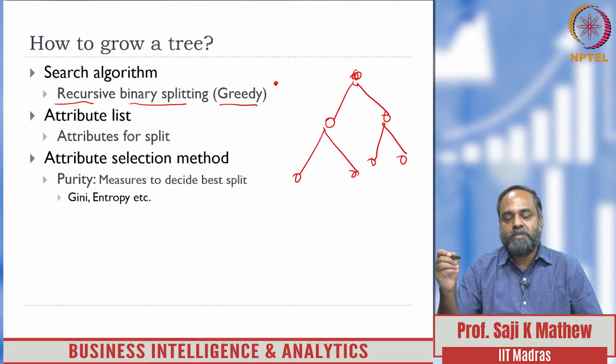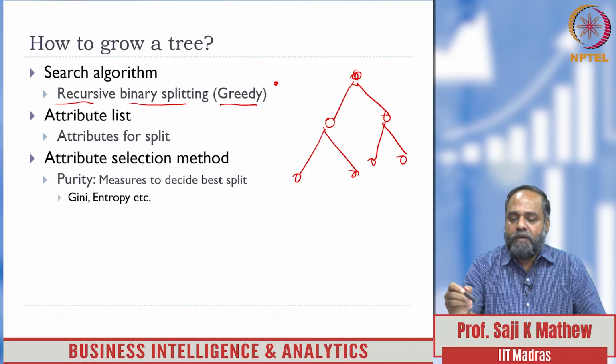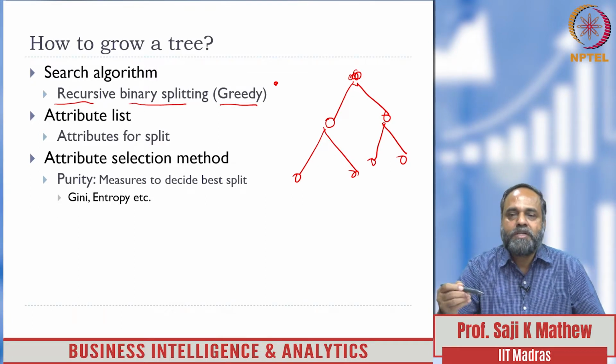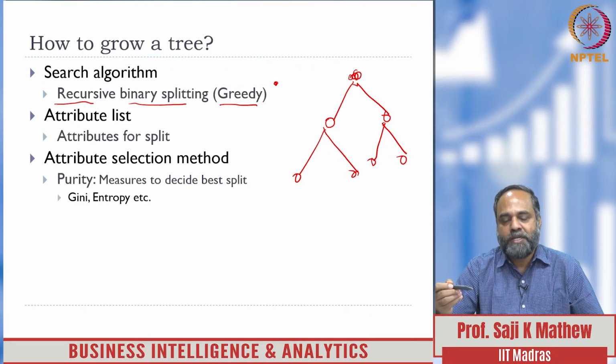Decision tree algorithms are greedy algorithms. What does greedy mean? When the node splits into two subgroups or subnodes, the decision tree decides to split based on certain criteria, certain condition. We will touch upon that in the next slide.